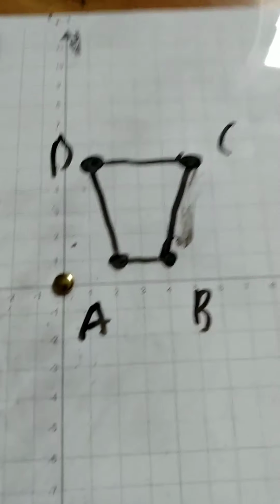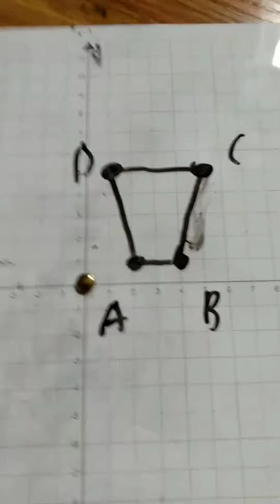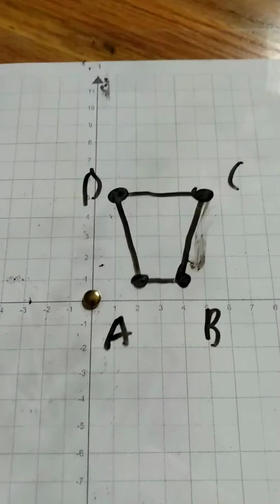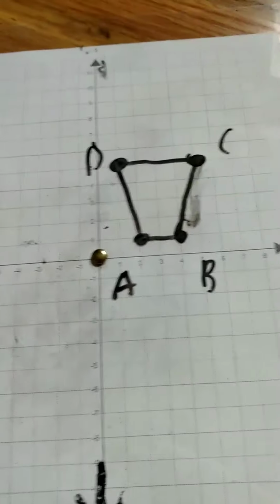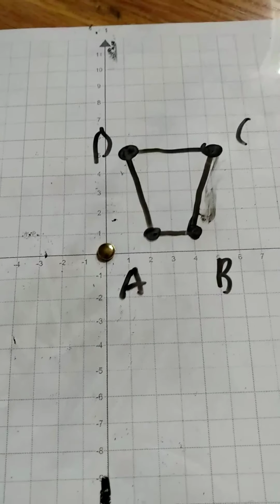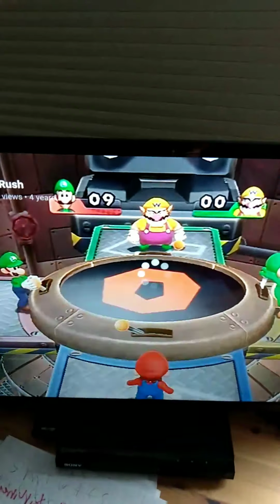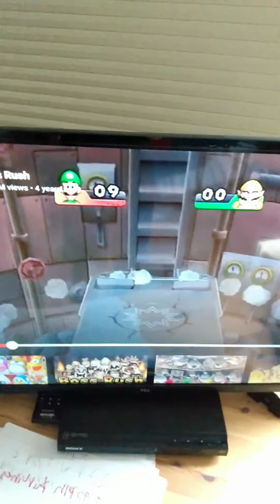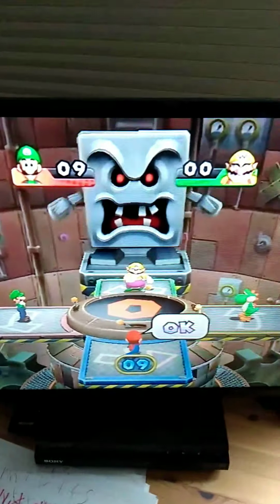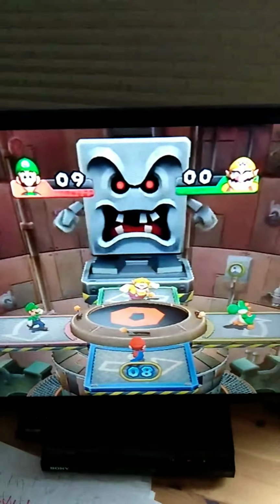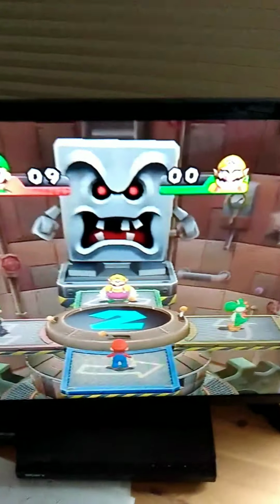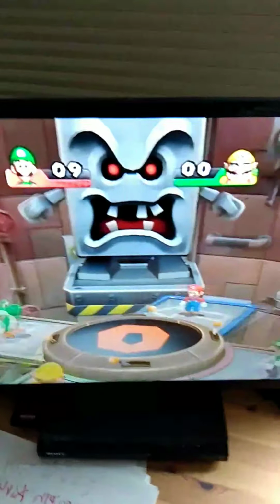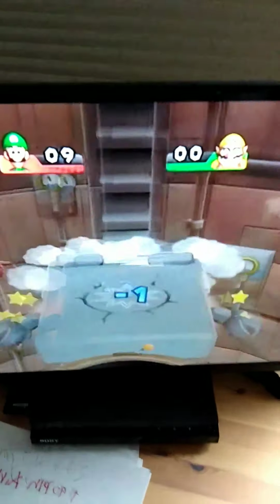Okay, so we're supposed to rotate this 180 degrees. Any direction, because you're still going to get the same results if you do any direction. So we're going to rotate this 180 degrees. 1, 2, that is 180 degrees.